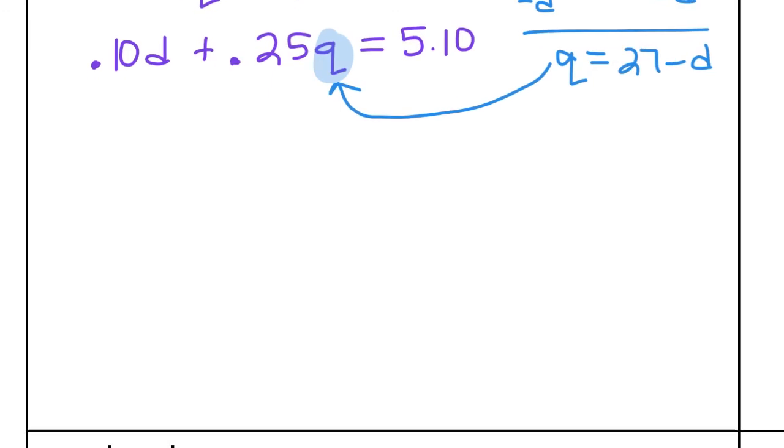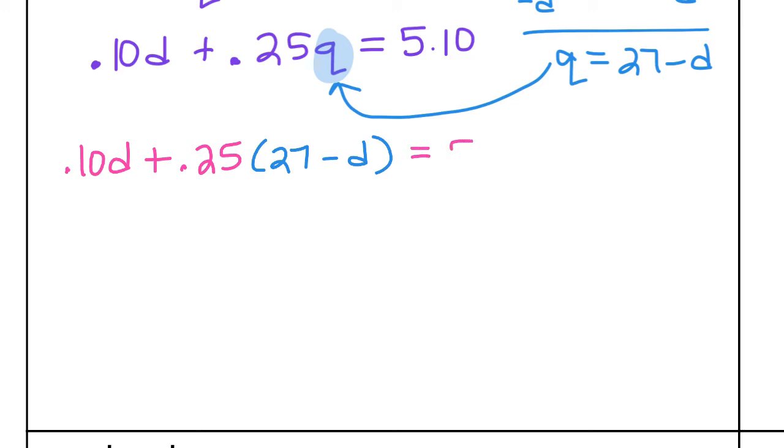So that would be 0.10 D plus 0.25, but instead of Q, we're going to write 27 minus D. Okay, and then equals $5.10.